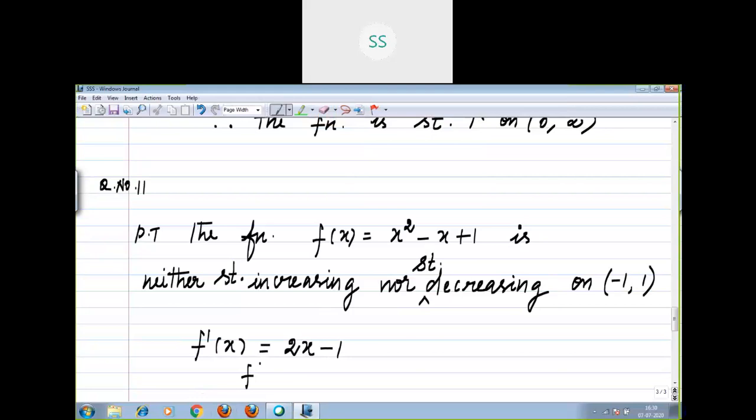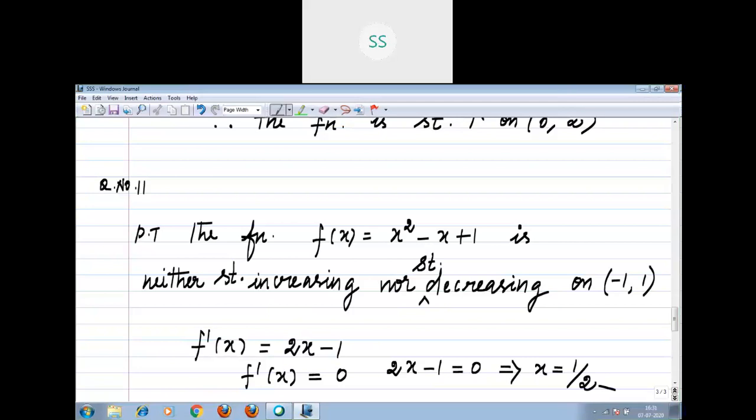F dash of x equal to 0. The interval is given, so how does it divide? 2x minus 1 equal to 0, which implies x is equal to 1 by 2, right? See here, minus 1 will move to the opposite side, plus 1.